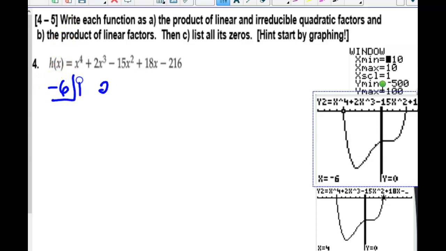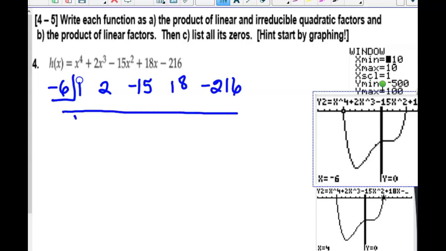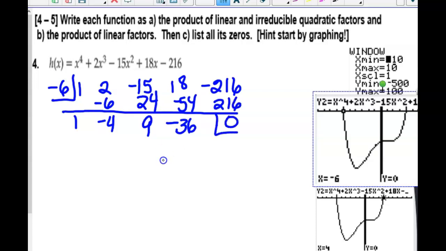Into 1, 2, -15, 18, and -2, 16. Bring down, multiply, add, multiply, add, multiply, add. Somebody help me. Did I do that right? Anybody check in my... Okay.